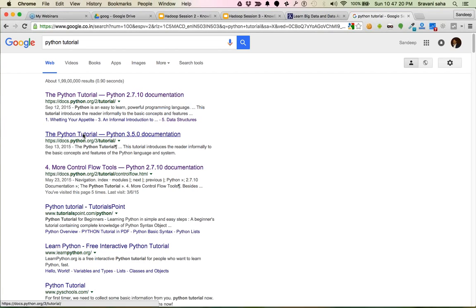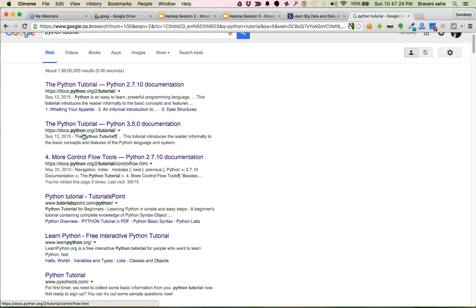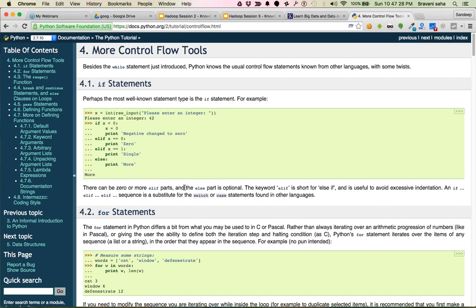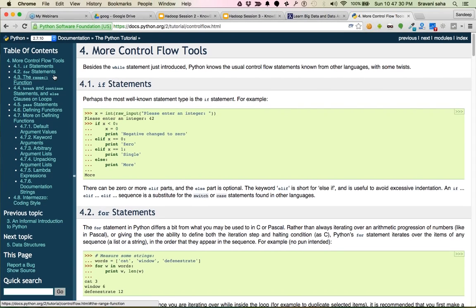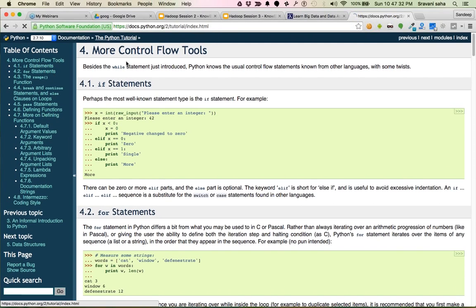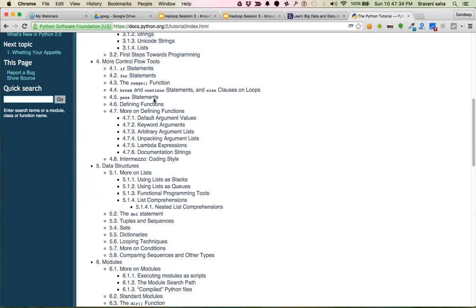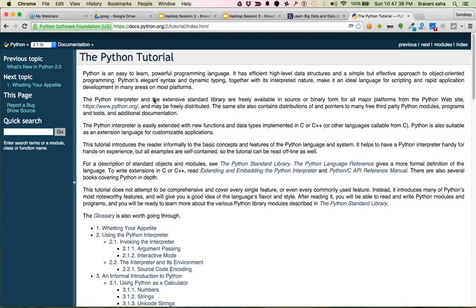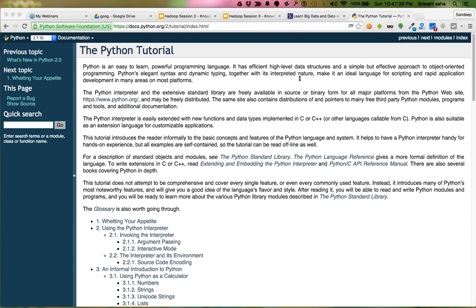This Python tutorial I was talking about. This sounds very big, but you don't have to worry too much. You can just start, it's pretty straightforward.